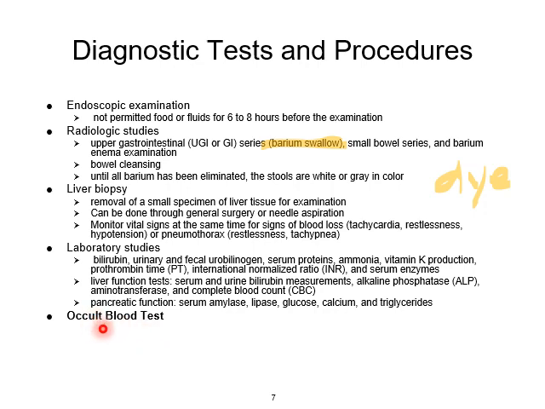So this one is when we collect that stool specimen, send it to the lab, and then they are going to check if there's blood in the stool that the naked eye cannot see. And when that is positive for an occult blood test, that means there is some kind of bleeding in the gastrointestinal system.